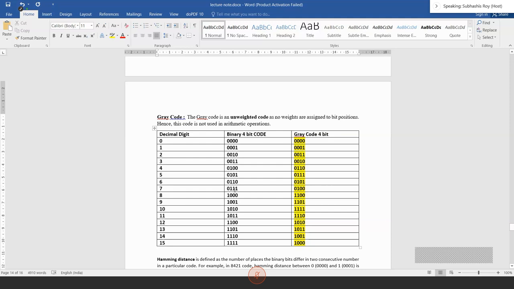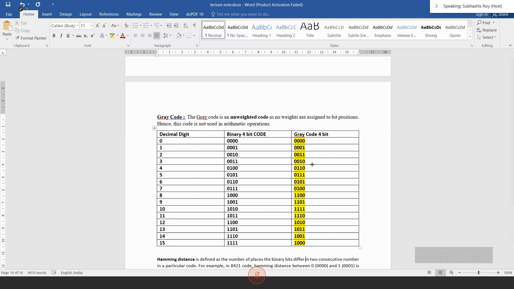Work means power consumption; you are consuming more power. That means power consumption is high in the case of binary codes, but in the case of gray code, the consumption of power is very low. That is always the advantage, always the aim of any system.